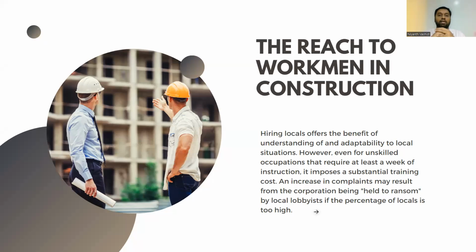But the problem is in terms of unskilled workers or unskilled occupations, it requires a lot of training because not every local worker is up to the standards of the contractor. So a lot of training and development, a lot of investment needs to be put on the laborers to make sure that they are on the level of the standards that the contractor expects.